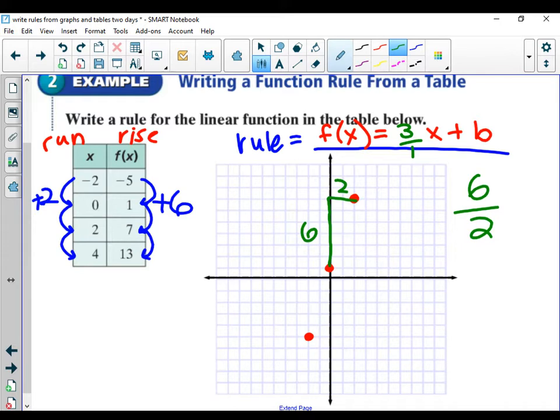Isabel. How would we find the y-intercept? Oh my gosh, I'm so glad you asked me that question. If we're making graphs, we look for the dot on the y, which looks like it's at 1. But if I'm trying not to make the graph I have to have a backup strategy.